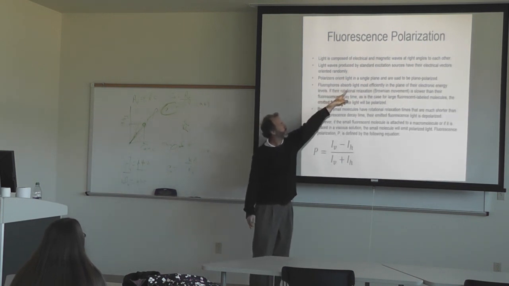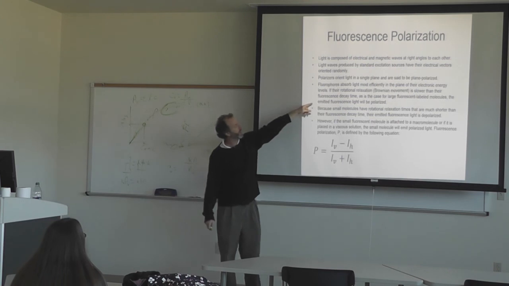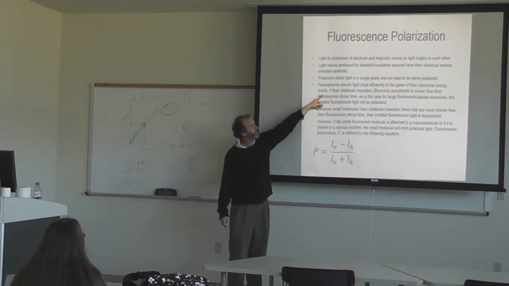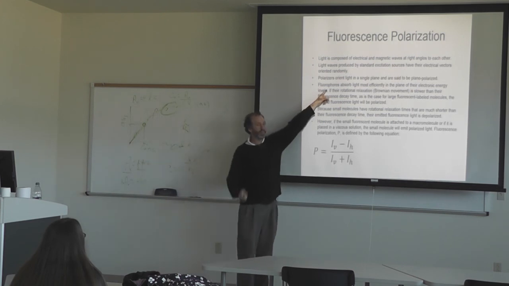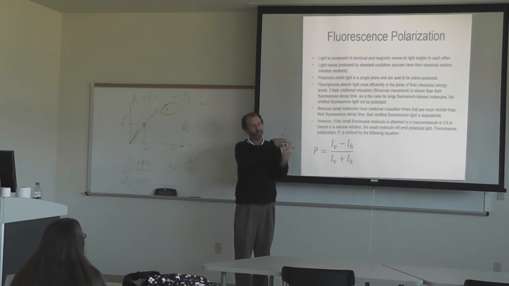Fluorophores are going to absorb light most efficiently in the plane of their electromagnetic energy levels. So if polarized light strikes the fluorophores in the same plane, you'll get the maximum intensity if they're perfectly aligned.